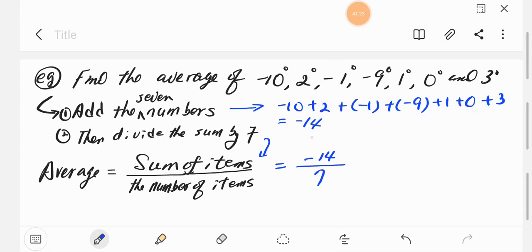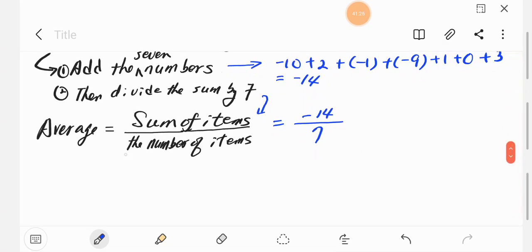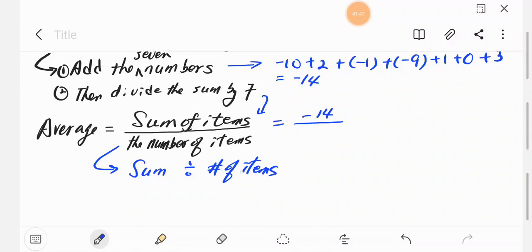So divide. Can I write it like this? Don't get confused, actually these are the same. The sum divided by the number of items. When you have a divide, the second part goes to the denominator.